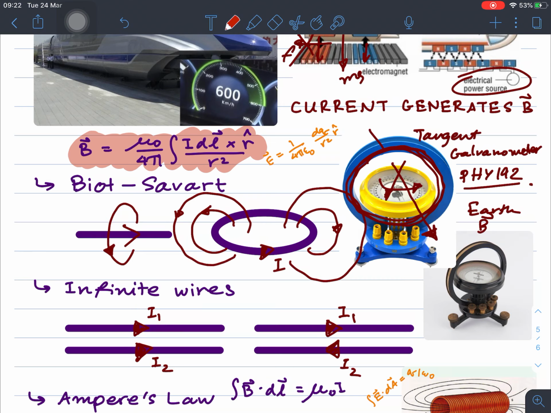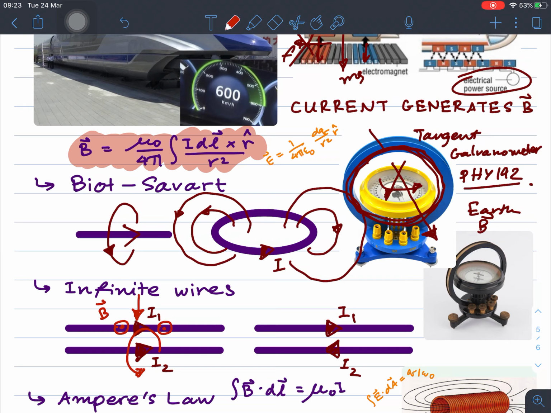So I2 will create a magnetic field in this direction, in the out direction, and when you have the current I1 passing through this magnetic field, there is going to be a force that pushes the upper wire towards the lower wire.